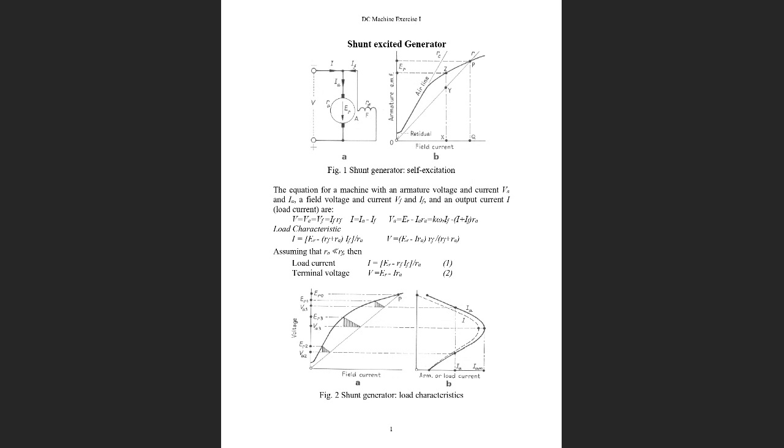So anyway, we use RF to represent it. The terminal voltage, which is also the field circuit voltage VF, is related to the field current IF through the resistance RF, so their relationship is linear. That's the straight line we show here.